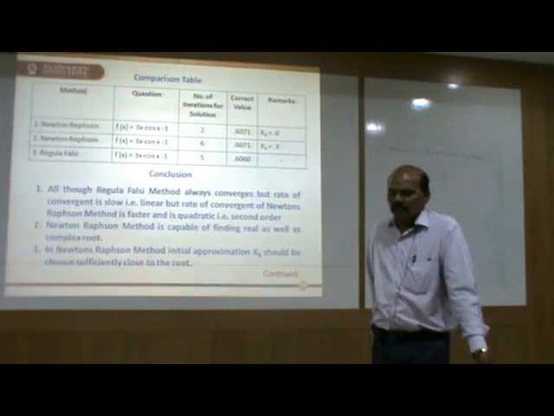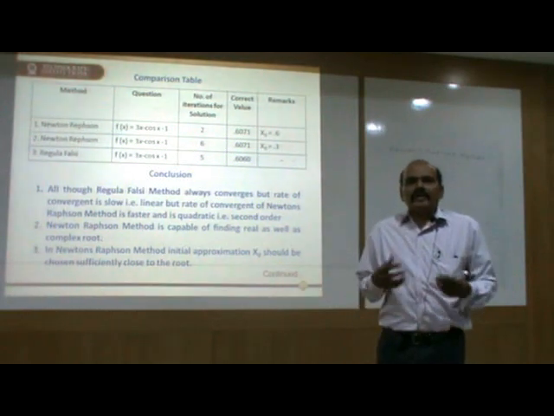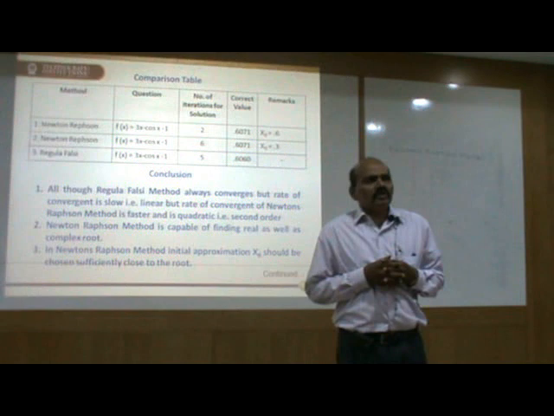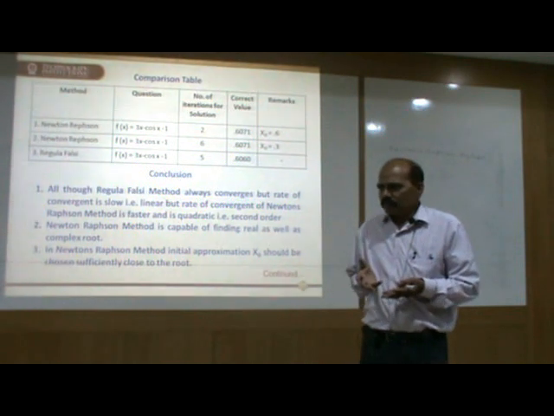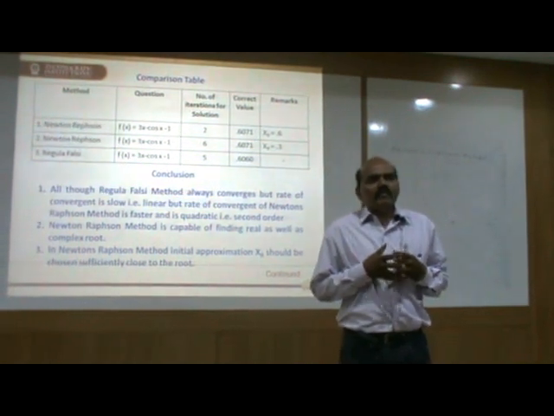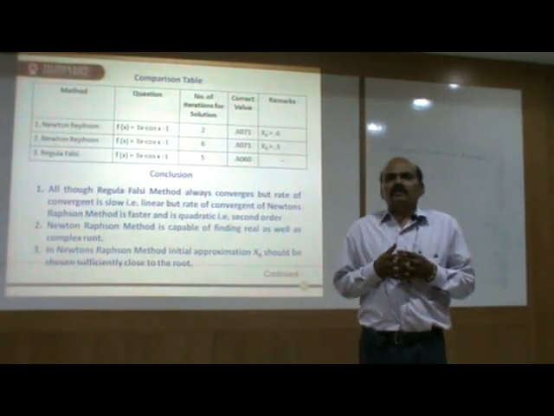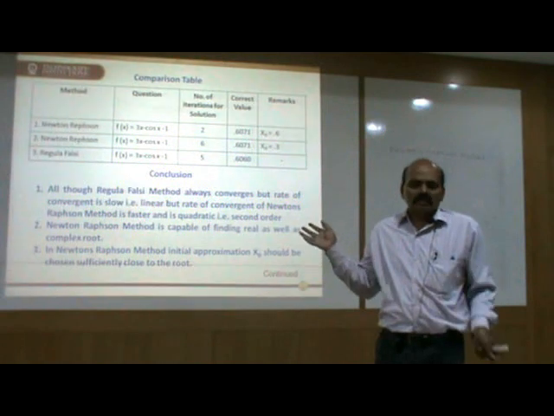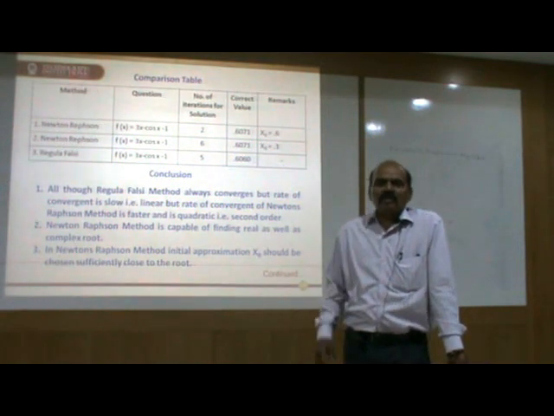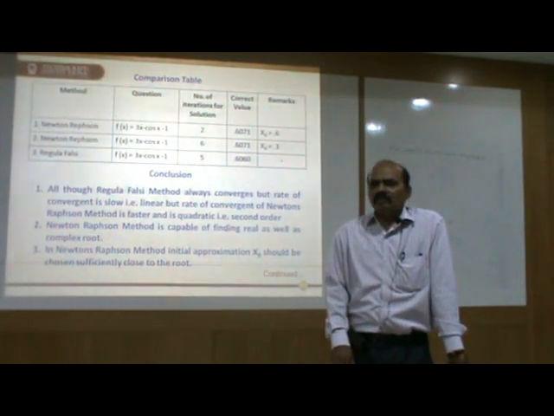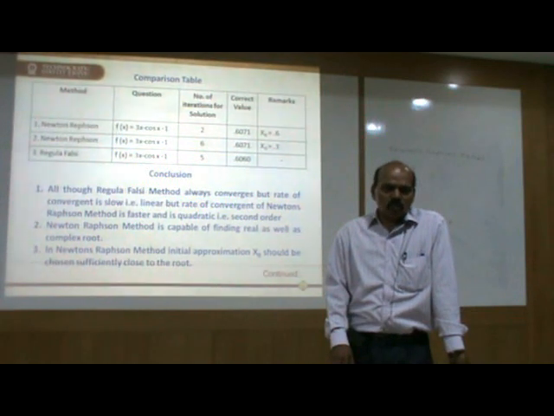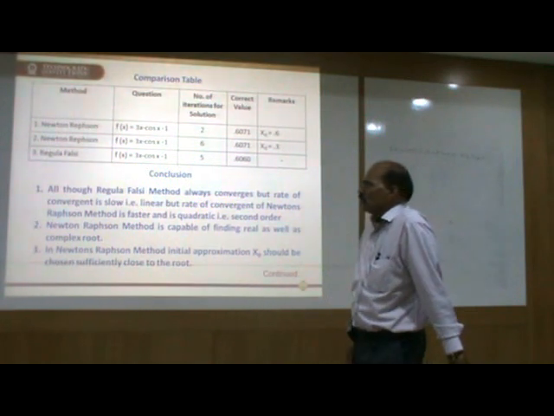So dear friends, whenever you get a transcendental equation or a higher degree algebraic equation, you can always use Newton's Raphson method rather than regula falsi method, bisection method or graphical method. These methods are very slow in comparison to Newton's Raphson method.